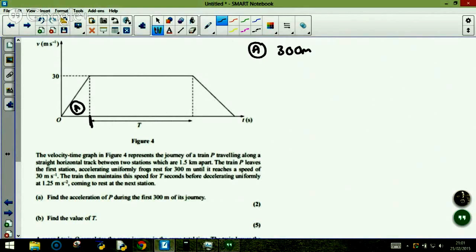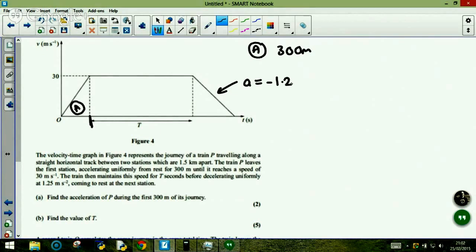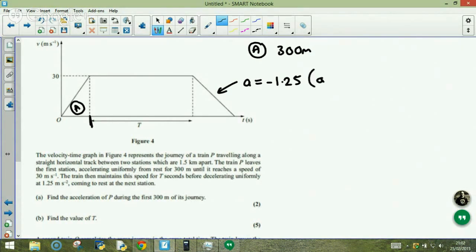If we carry on reading through the information though first, the train then maintains this speed for t seconds before decelerating uniformly at 1.5 meters per second. So we've got the deceleration of this part, which means that that is the gradient of that line.